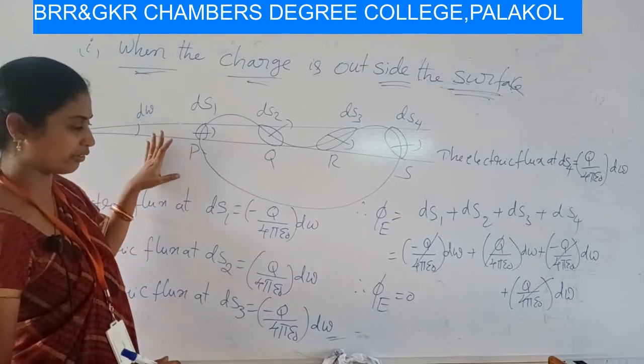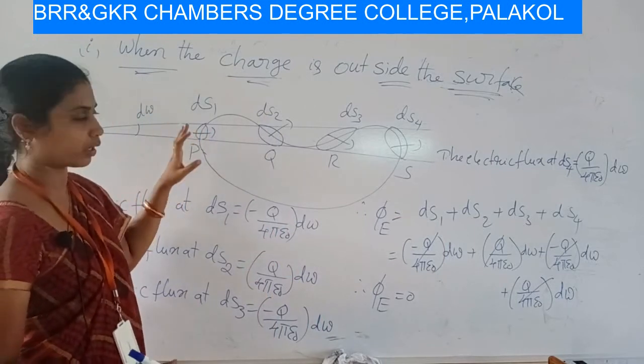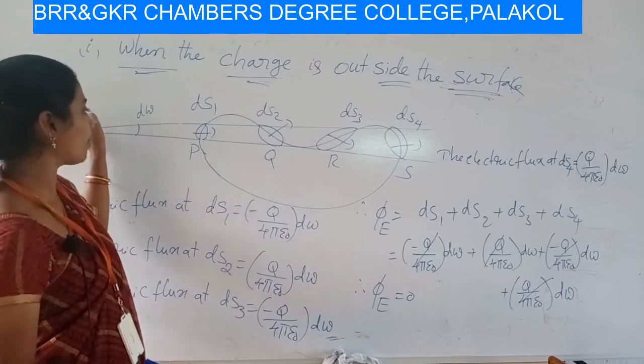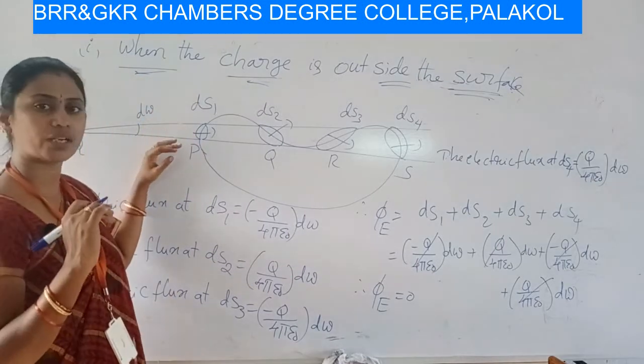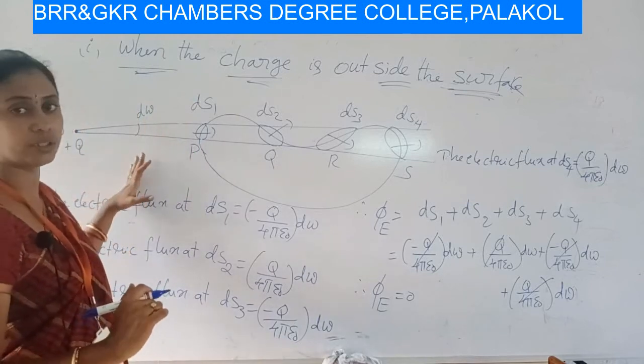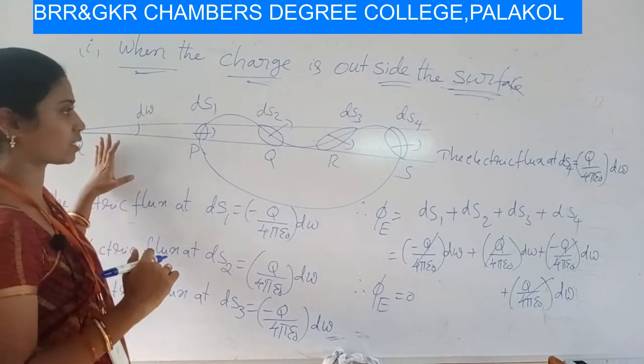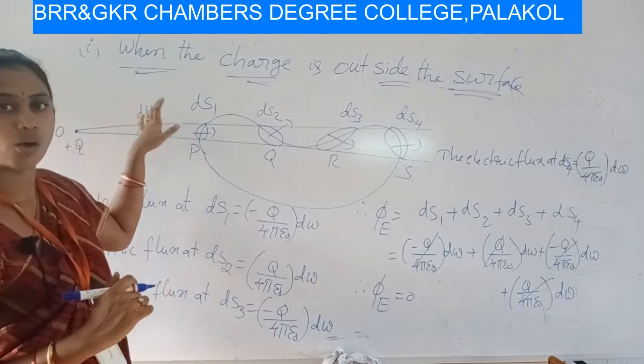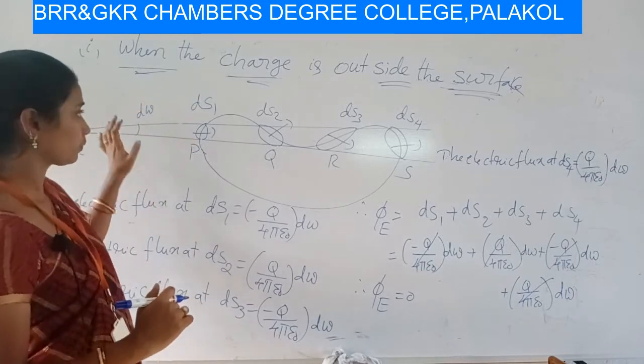From this we observe that the above reasoning is true for all cones drawn from outside the surface, and the electric flux is equivalent to 0. So this is the second case for Gauss law, when the charge is situated outside the surface.